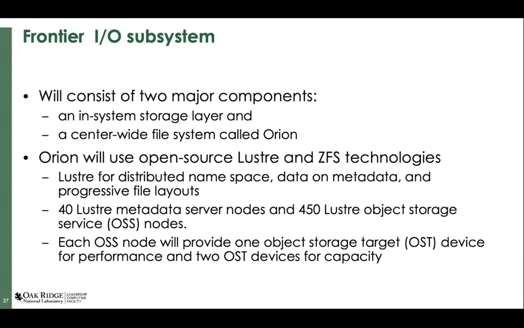Now, each OSS node will provide 1 object storage target device, called OST, for performance and 2 OST devices for capacity, with a total of 1,350 OSTs system-wide. We estimate that Orion will be the largest and the fastest single-file POSIX namespace file system in the world.